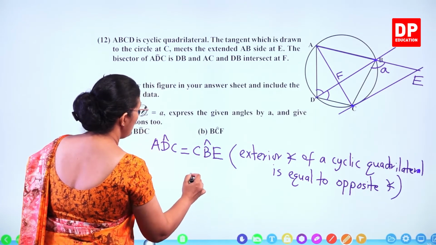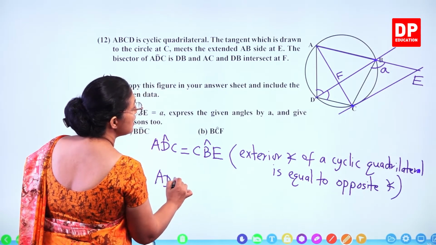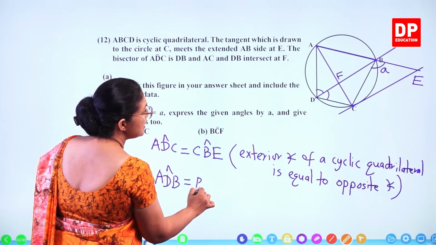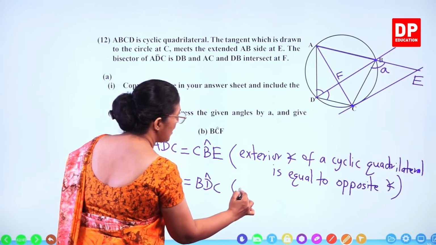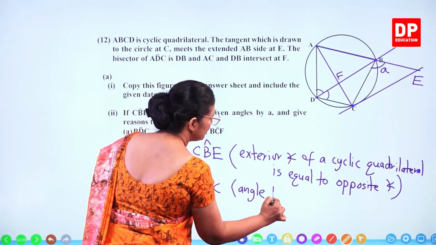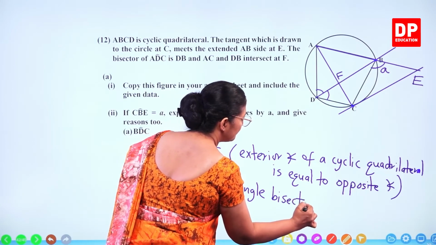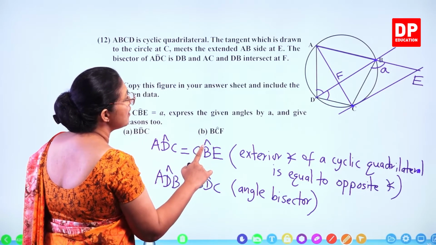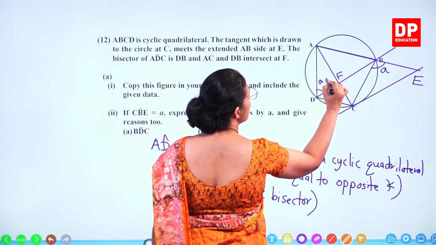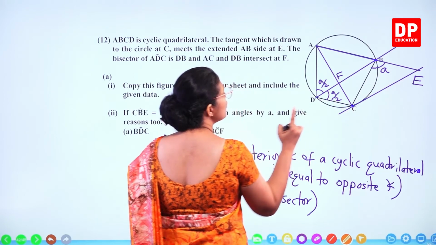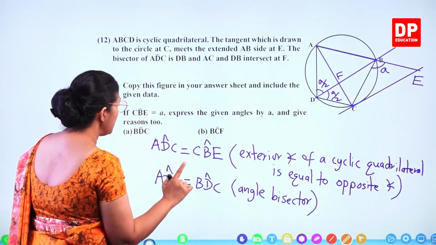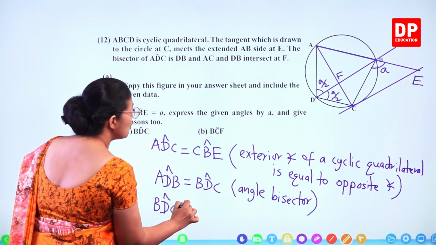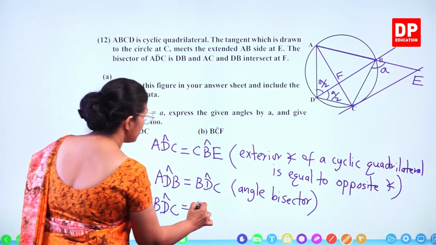But we know ADB angle is same as BDC angle because angle bisector. So that means that should be half, A over 2, because you have to divide A by 2. So what is BDC? Therefore BDC is A over 2.